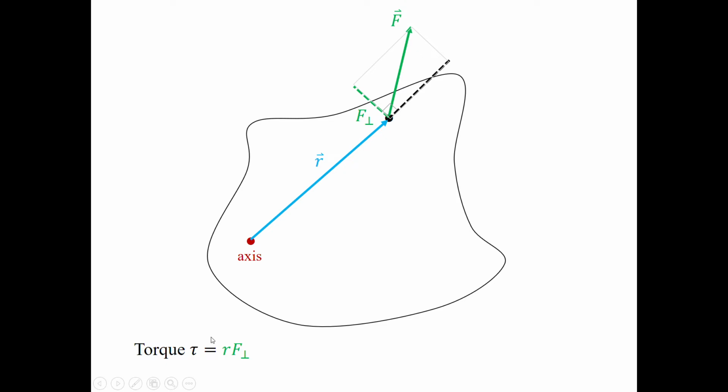And the torque is going to be defined by R times F perpendicular. The length of this vector, how far away from the rotation axis you're applying the force, times that perpendicular one. In other words, the farther away from the rotation axis I push, the bigger the torque. The bigger my perpendicular component of force, the bigger the torque. That agrees with our intuition on the wrench problem. Okay, so that's one way to do it.